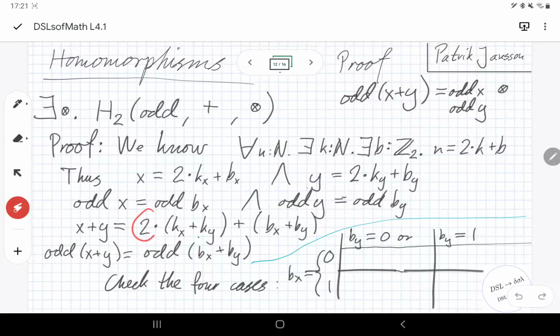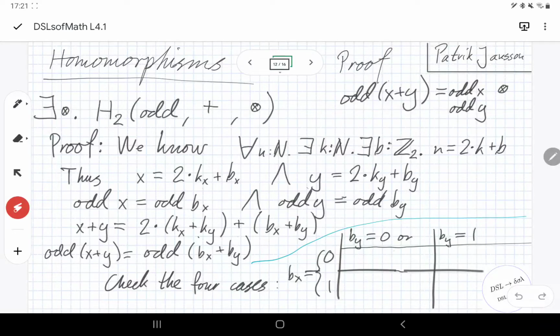I collected the 2 times and the 2 bits. So by similar reasoning as before, we know then that the oddity of the sum is the oddity of just this sum of the remainders, b_x and b_y.